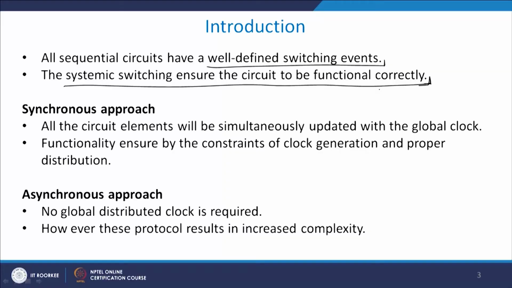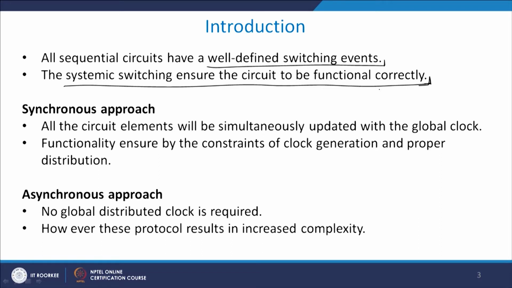So, you have to wait till the next positive edge of the clock to come for it to couple itself. So, you have to be very cautious how much delay you should insert into the feedback path for exact matching between the data and the clock. But then if you allow all this systematic switching, you have to ensure that the functionality of the circuit is not compromised. So, functionality should still be there.